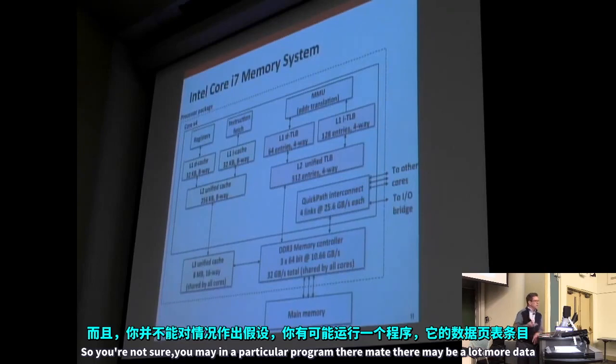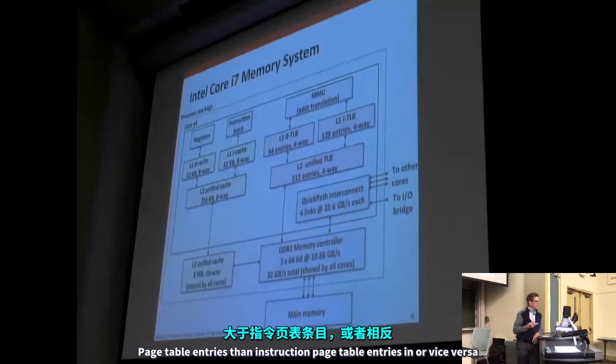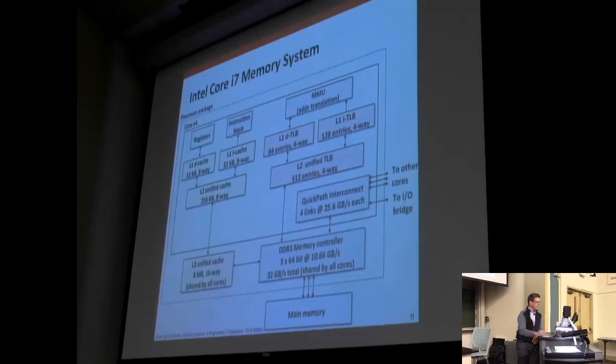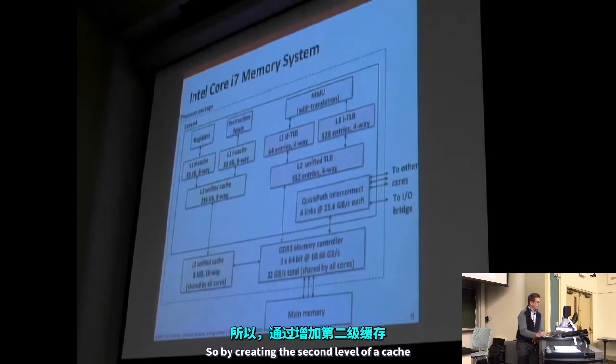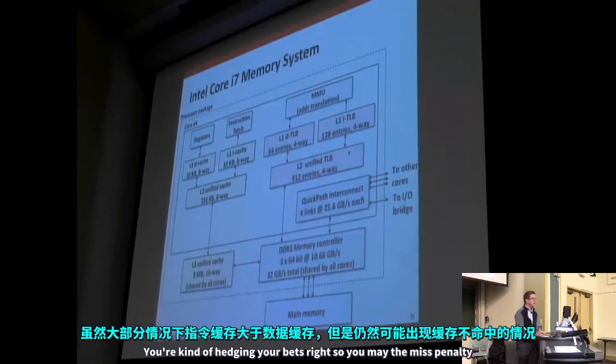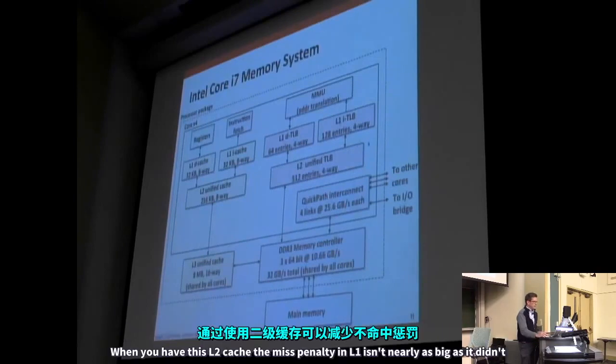So you're not sure. In a particular program, there may be a lot more data page table entries than instruction page table entries, or vice versa. So by creating this second level of cache, you're kind of hedging your bets, right? So when you have this L2 cache, the miss penalty in L1 isn't nearly as big as it would be if you didn't.